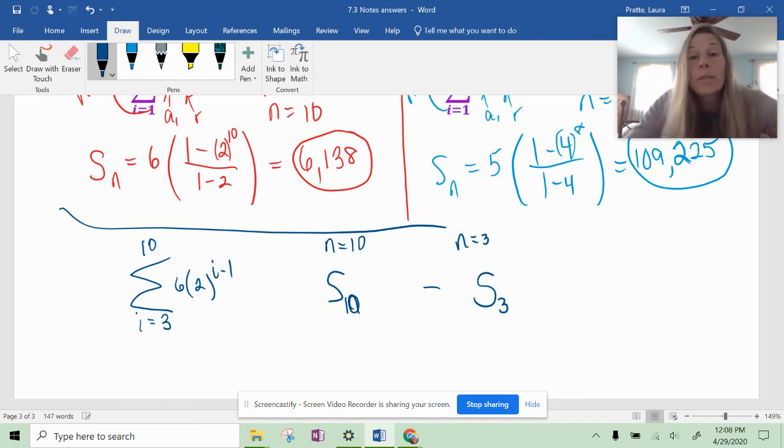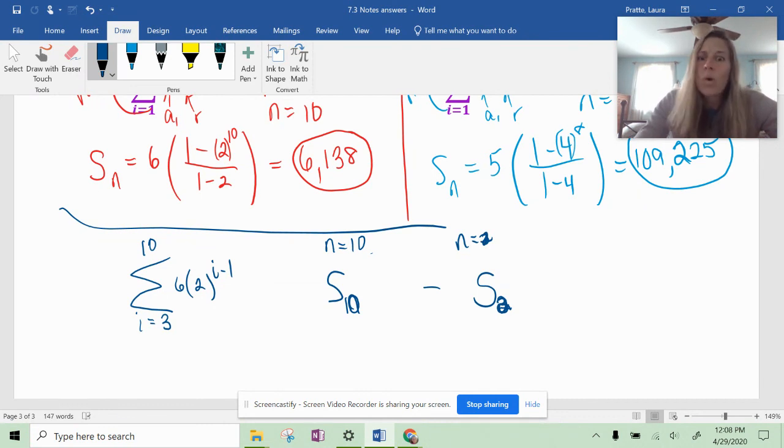You'd have to find 2 summations and then subtract them, because when you find the summation with the n value of 10, it's adding up all the numbers in the series, 1 through 10, the first 10 numbers. But we don't want to include the first 3, or actually, it's the first 2 that you don't want, which is a little confusing.